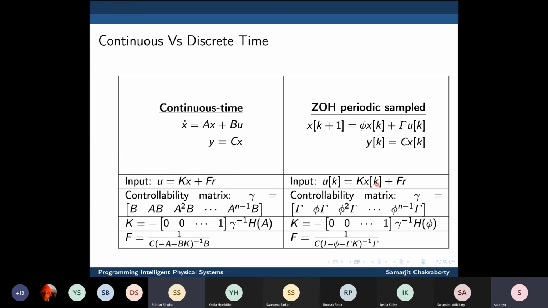Yes, so what is going to happen is, you have this controller u equal to minus Kx, right? Your plant is going to evolve as per this equation, x(k+1) equal to phi x(k) plus gamma u(k), or if it's in the continuous domain, x dot equal to Ax plus Bu. So this is in the hand of the environment. But what is in the hand of the computer?